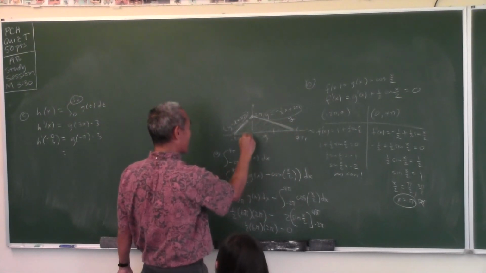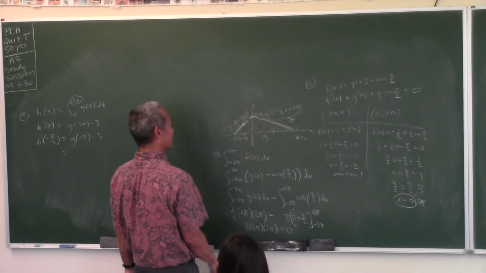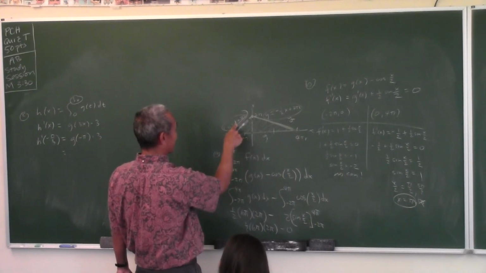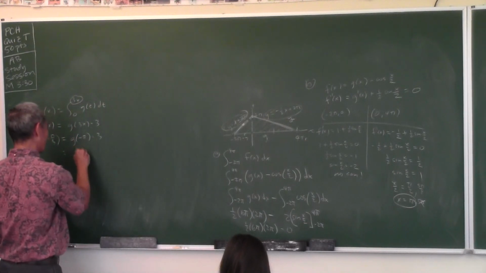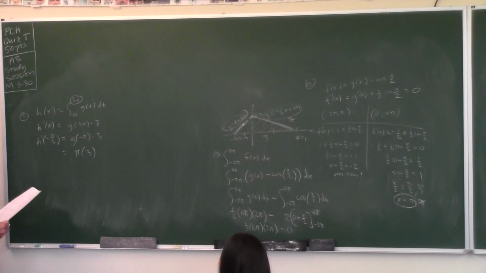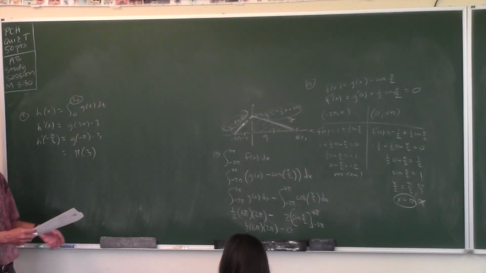G of negative pi would be right here. What is the y coordinate right there? Pi. Yeah, if you wrote the equation like you're supposed to, just plug it in. Negative pi plus 2 pi is pi. So pi times 3. Boom! Just leave it like that. That was 2 points, but like I said, if you didn't multiply by 3, you get 0 out of 2 already.